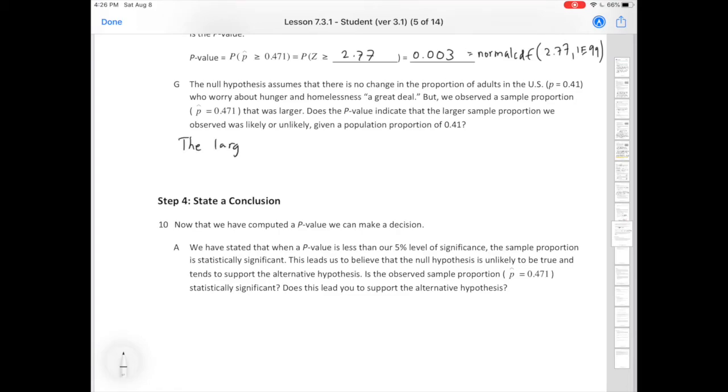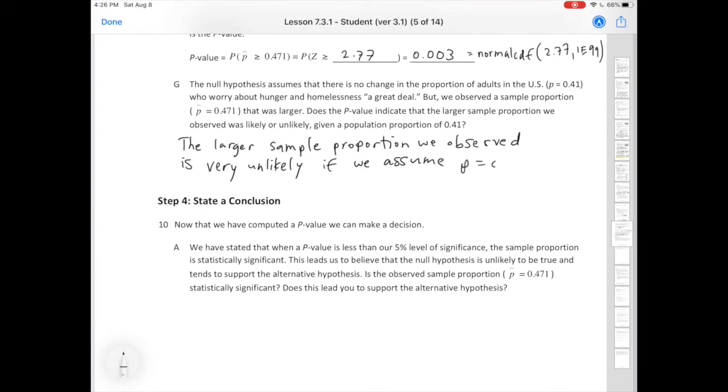The larger sample proportion we observed is very unlikely if we assume p equals 0.41, since the p-value is very small.